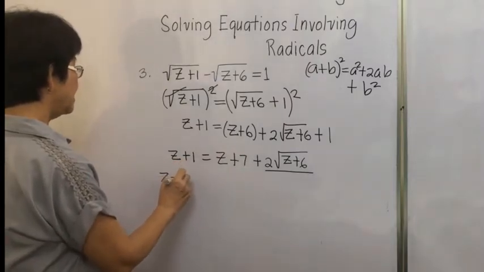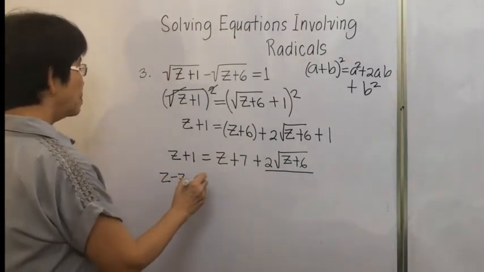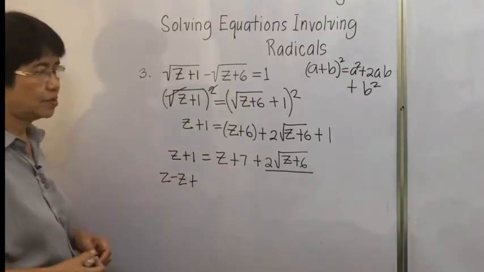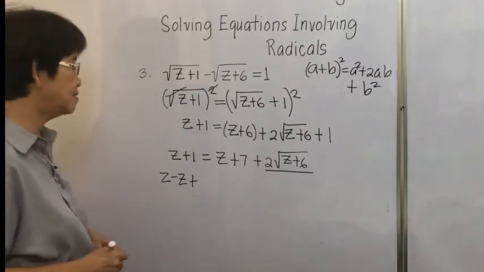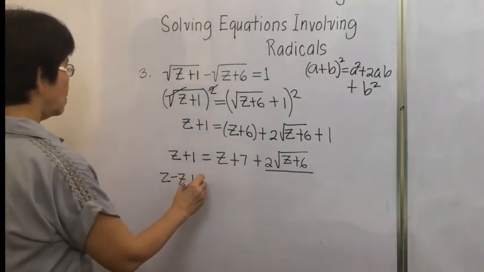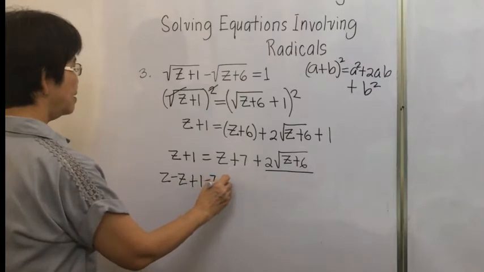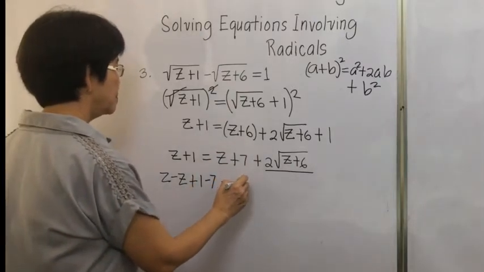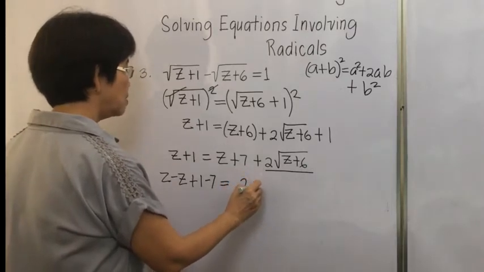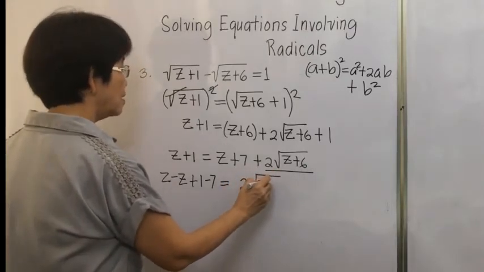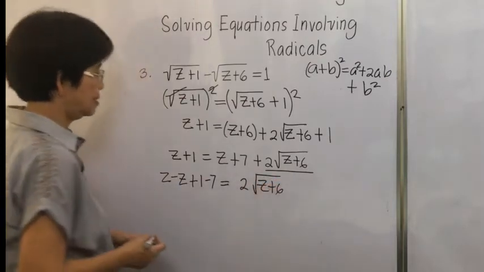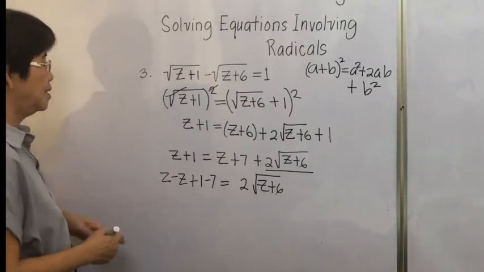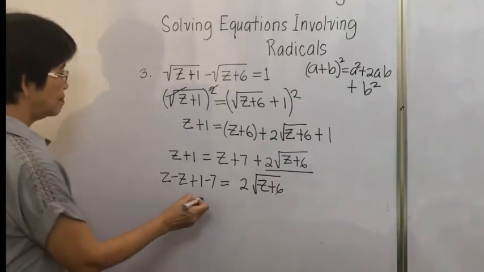So we have z minus z, and then plus, we also subtract 7 from both sides of the equation, plus 1 minus 7, so this becomes 0, plus 2 square root of z plus 6. So z is 0 here, and then negative 6.